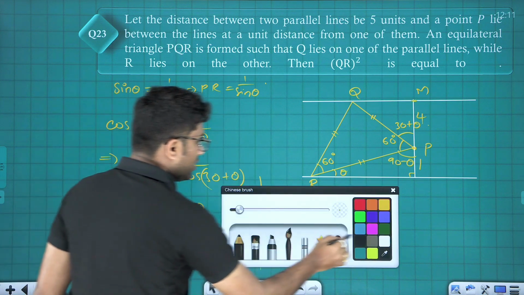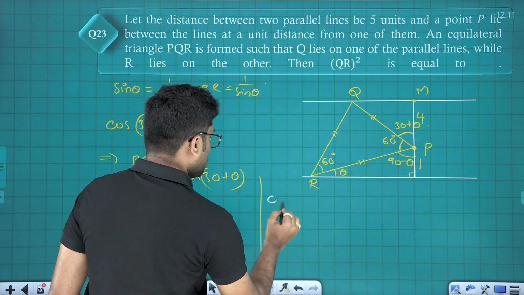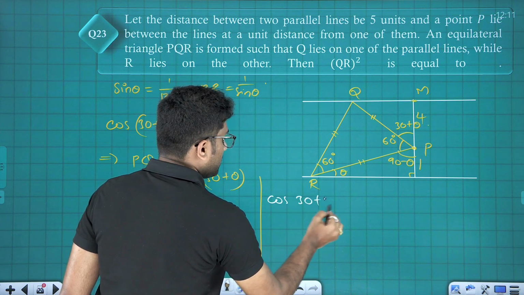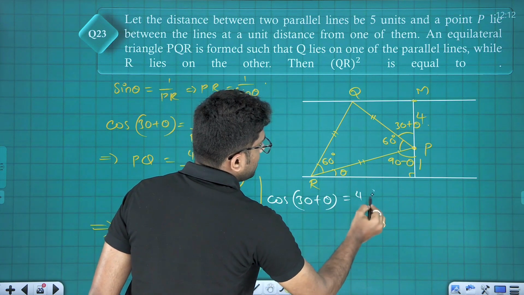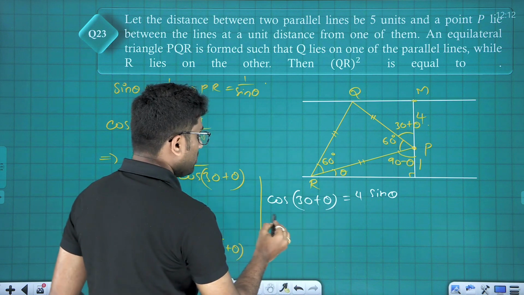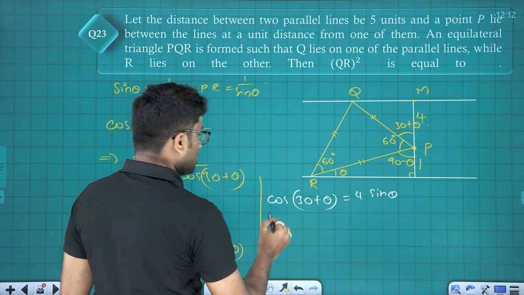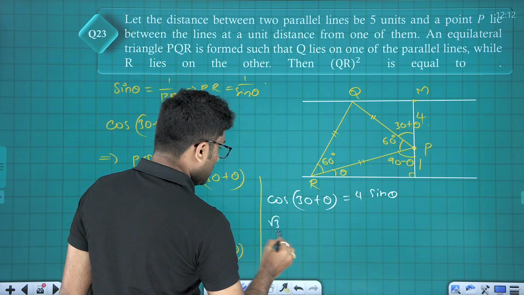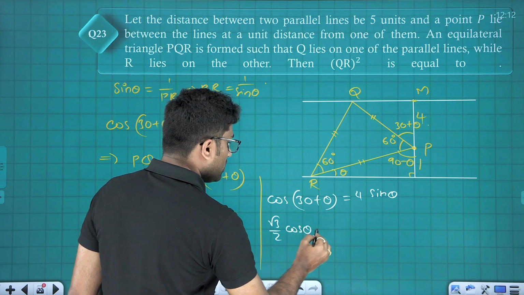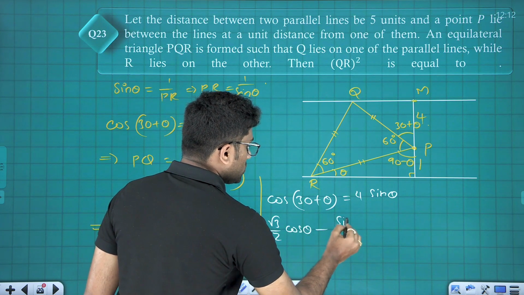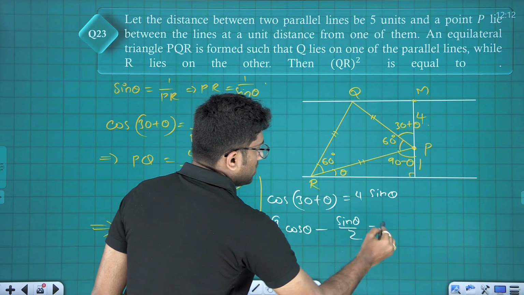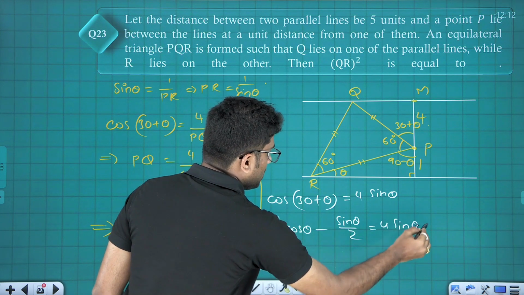So cross multiplication: cos of 30 plus theta should be equal to 4 sine theta. Cos of A plus B is cos A cos B minus sin A sin B. So root 3 by 2 into cos theta minus 1 by 2 into sine theta is equal to 4 sine theta.